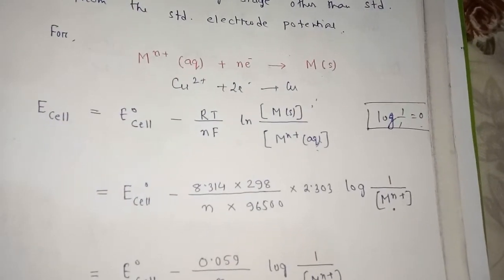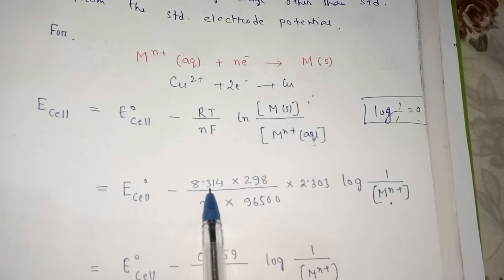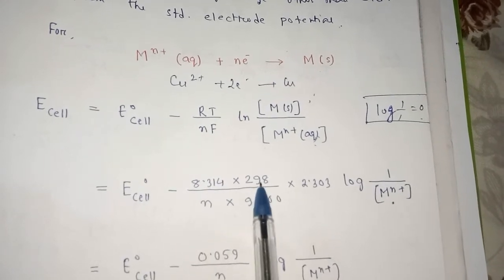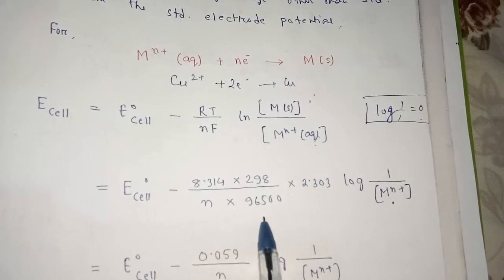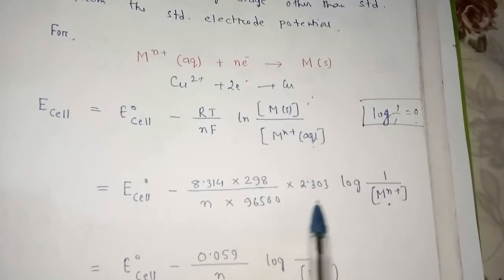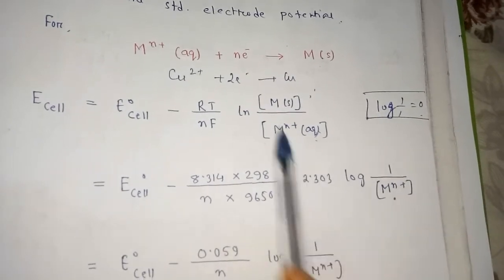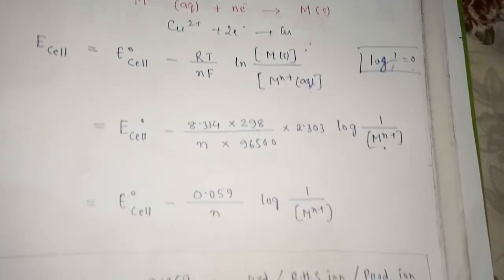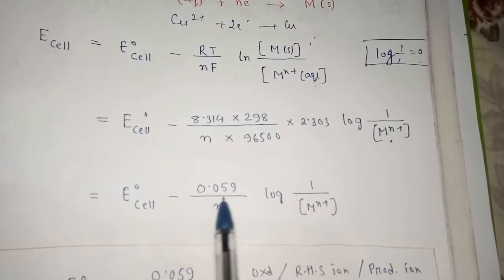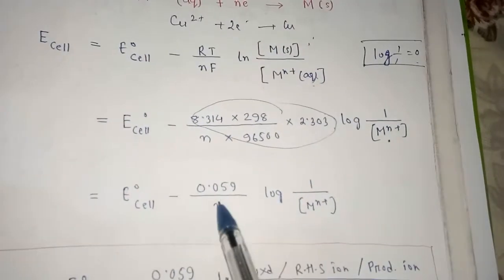This part also remember. The value of R is 8.314, at 298 Kelvin, n is the number of electrons, and the Faraday is 96500, into 2.303 log 1 by M n positive. Since the concentration of the solid is 1, as we took in the equilibrium chapter last year, the entire constant comes to 0.059.